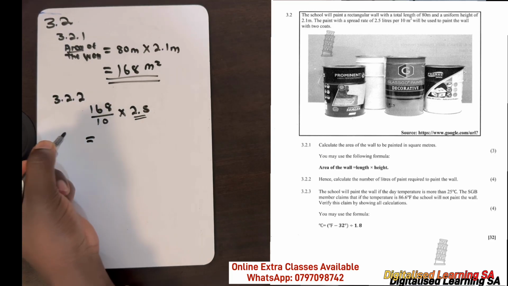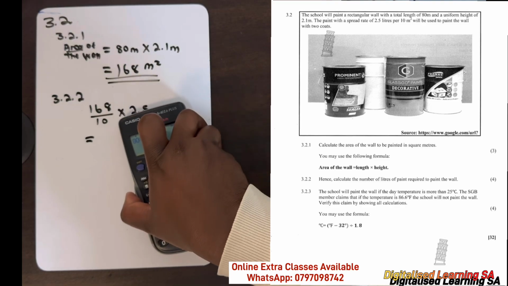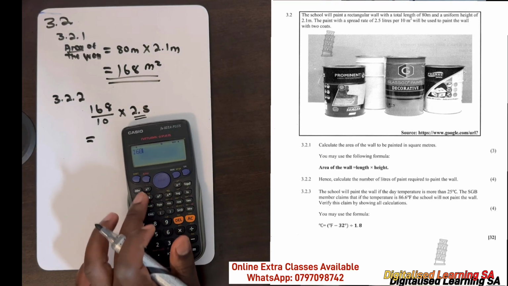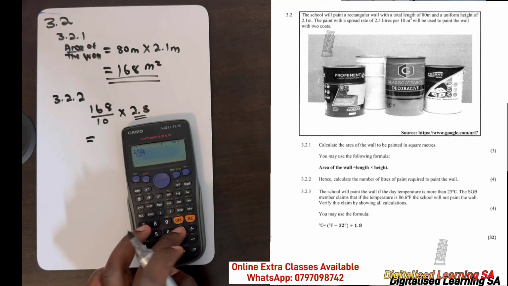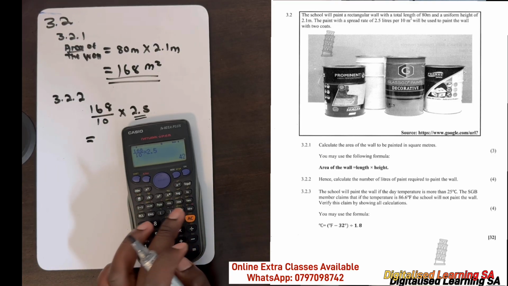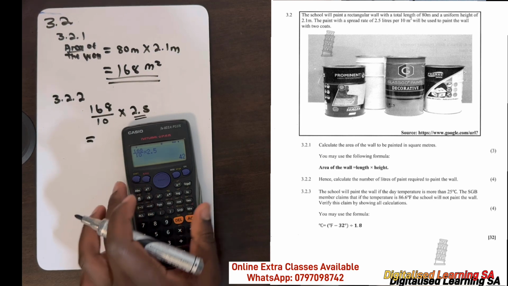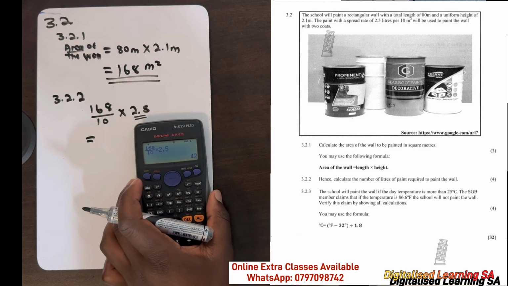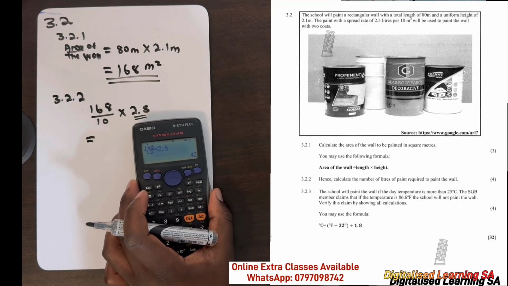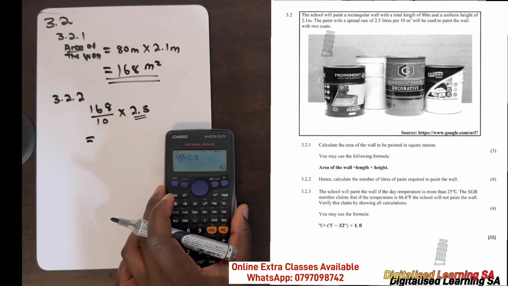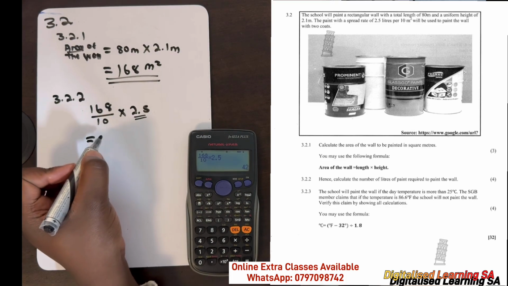Okay, so we are going to say 168 divided by 10 multiplied by 2.5, and our answer will be 42.